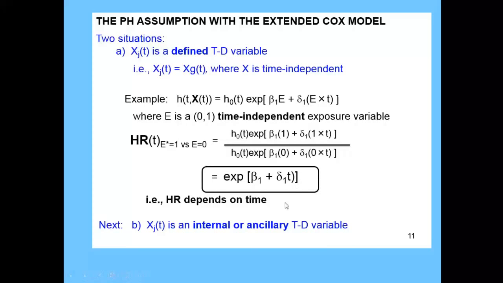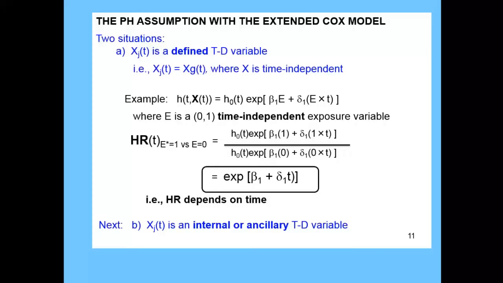So if you go from time equal to 1 to 2 to 3, what happens to the hazard ratio? Let's say delta 1 is positive, say 2.1. It doesn't matter what beta 1 is, but let's say beta 1 is positive and delta 1 is positive, and T is increasing, going 0, 1, 2, 3.